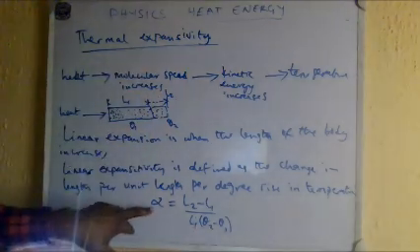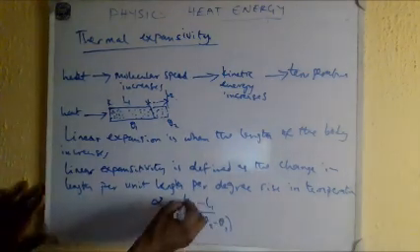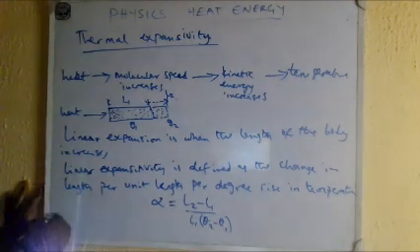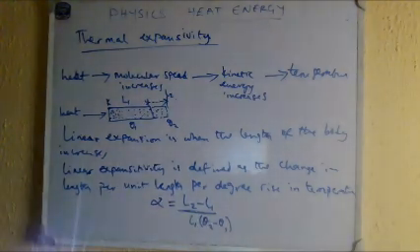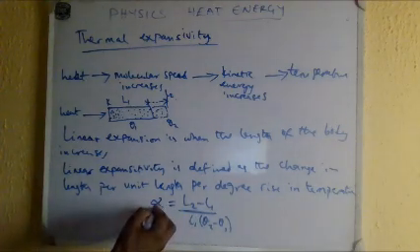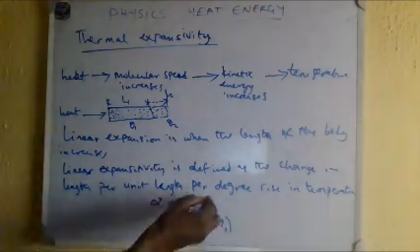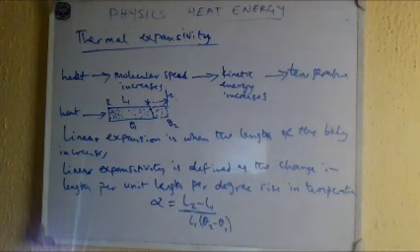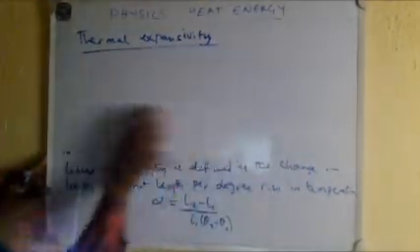So this linear expansivity is the change in length per unit length per degree rise in temperature. This quotient line here is a pair. So the definition here is linear expansivity is the change in length from L1 to L2, so that's the difference, per unit length, per L1, per degree rise in temperature. So from this formula here, let me define them.